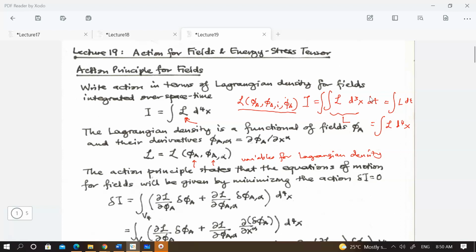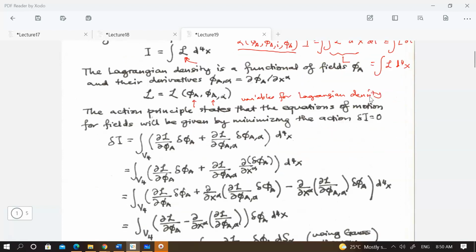So doing so, we can always use the variational principle to minimize the action. Since now I only have two types of variables inside your Lagrangian density, I will vary with respect to your variables over here, so your phi a, and then your four-dimensional derivatives, the four derivatives of your fields a.